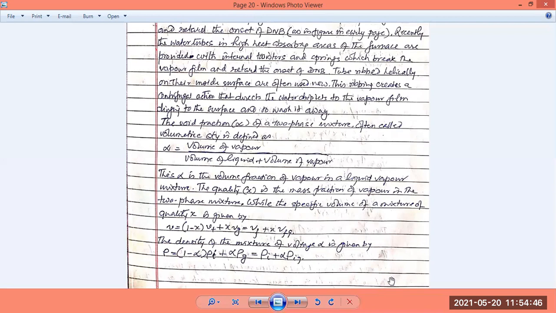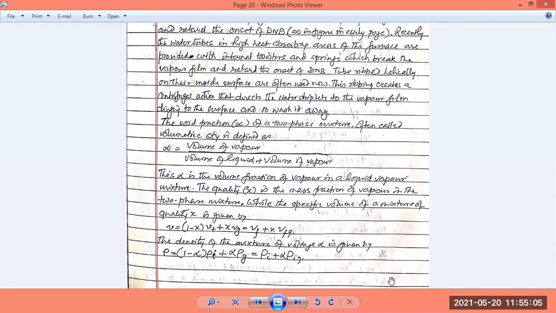While the specific volume of a mixture, with X as the mass fraction, is given by v = (1 - X) Vf + X Vg. Here X is the mass fraction of the vapor.